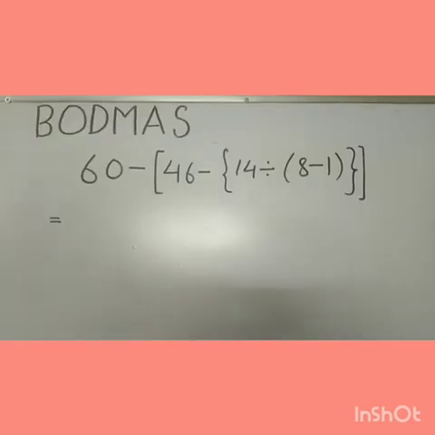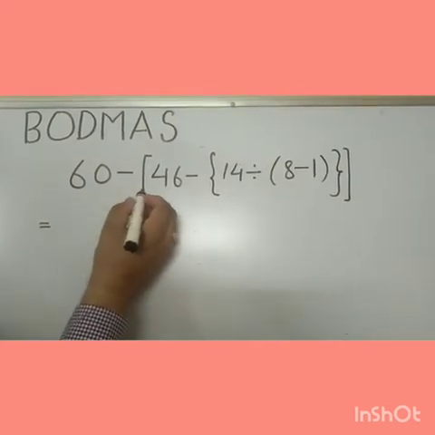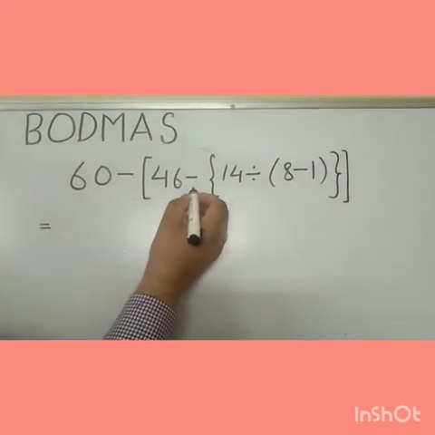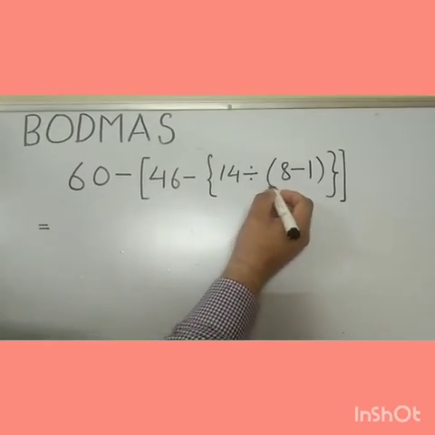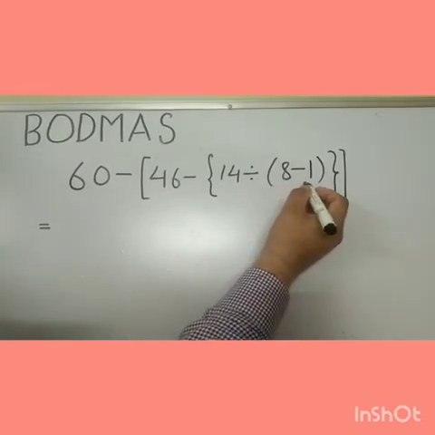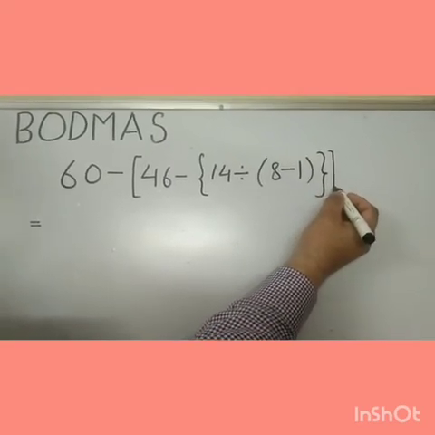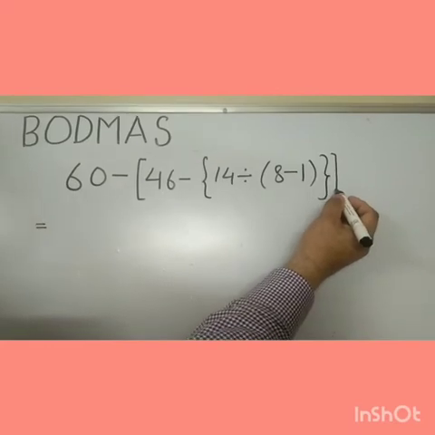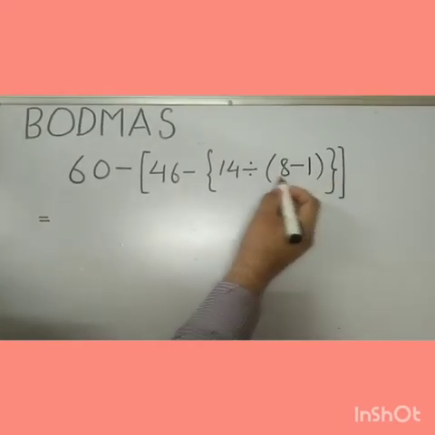Thank you. Now solve a question. 60 minus big bracket start 46 minus curly bracket 14 divided by round bracket 8 minus 1, round bracket close, curly bracket close, big bracket close. In this question we have to remove all these three brackets one by one.